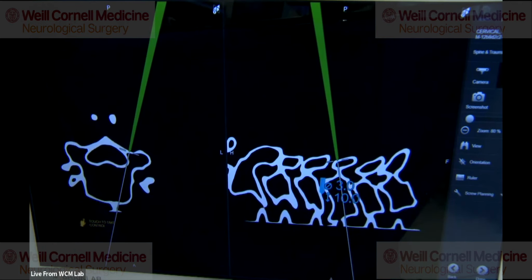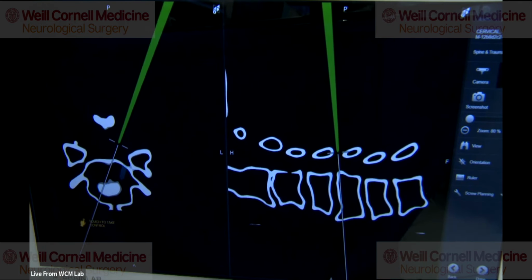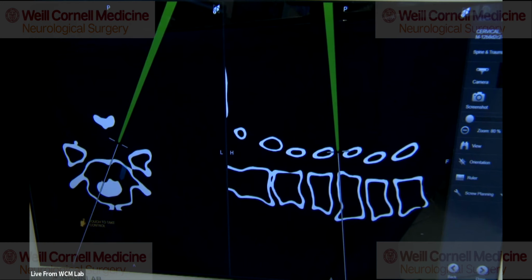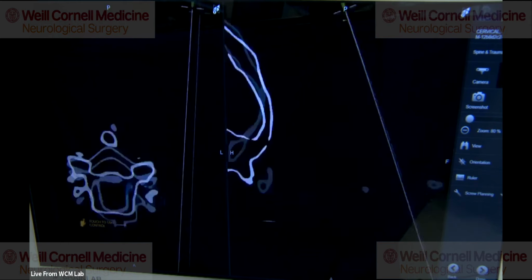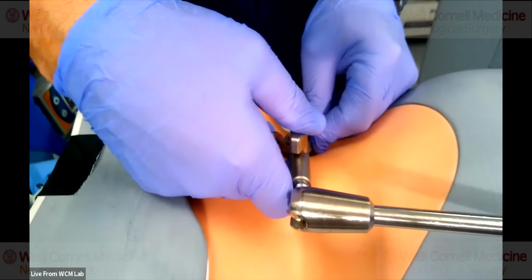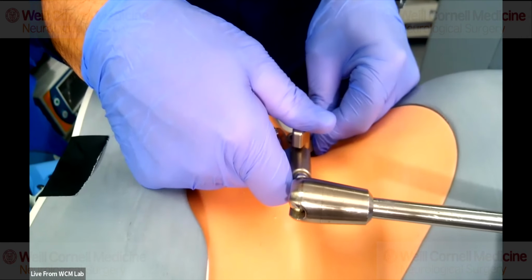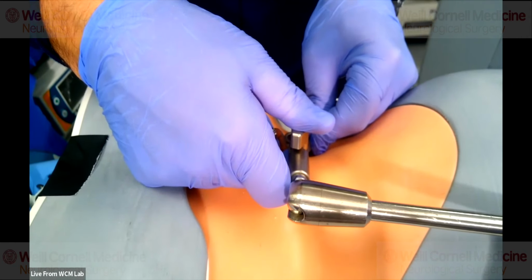So we're in a better position. We're still not perfect. Now, as a landmark, we're going to look for the V-shaped gap between the lamina, and that would be right here. And that seems to be in pretty good position. I still want to angle a little bit further south. Okay, tighten it there.